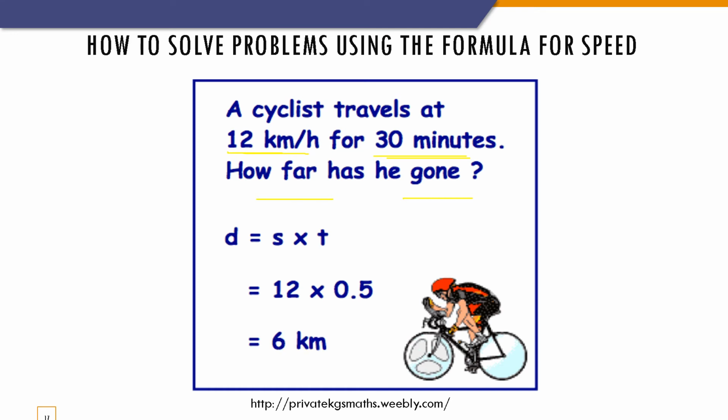Again, kailangan natin gamitin is yung hour, kasi nga po, para pareho sila ng unit. Ginamit kasi natin dito is kilometers per hour, eh ang time natin dito is minutes. So, we have to convert 30 minutes to hours. Ang 30 minutes po is equivalent to 0.5 hours. Kaya po, ang minultiply natin is 12 times 0.5. So, the answer is 6 kilometers. That is the distance that is traveled by the cyclist.